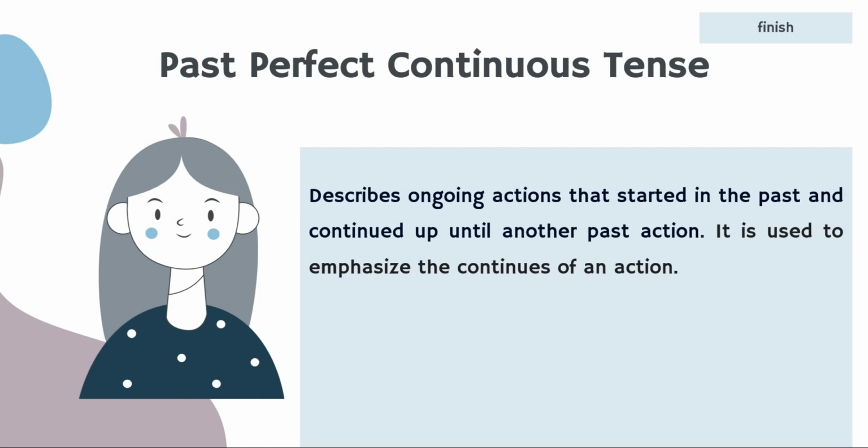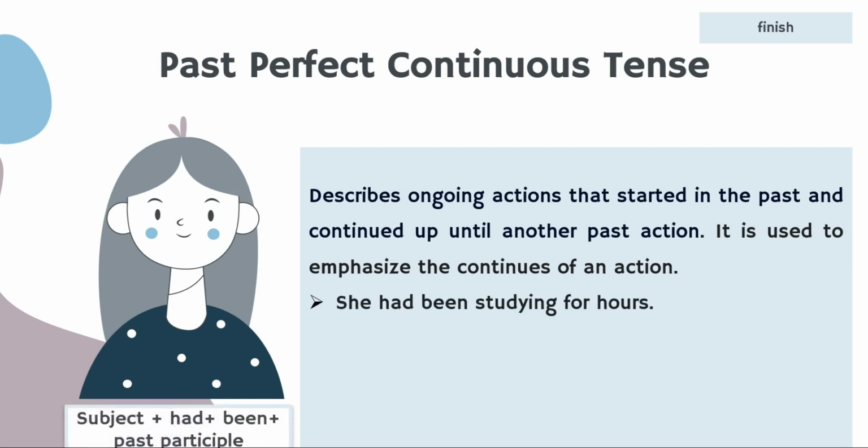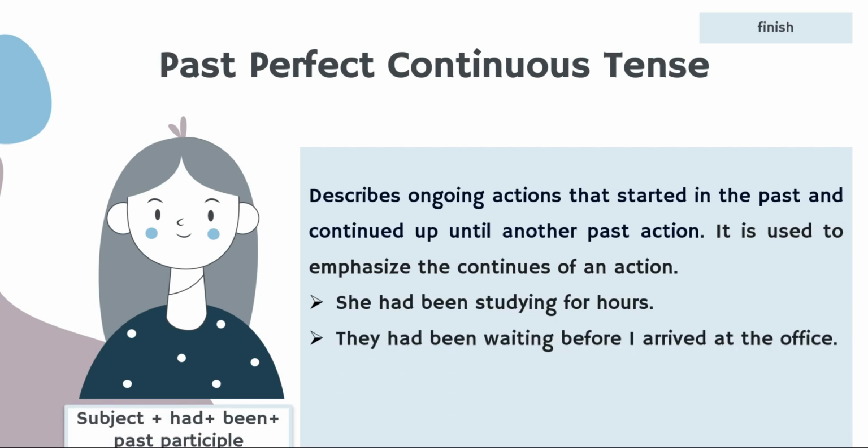So we use it to describe an ongoing action that started in the past and continued up until another past action. And usually it is used to emphasize the continuity of an action. For example, she had been studying for hours, or they had been waiting before I arrived at the office.